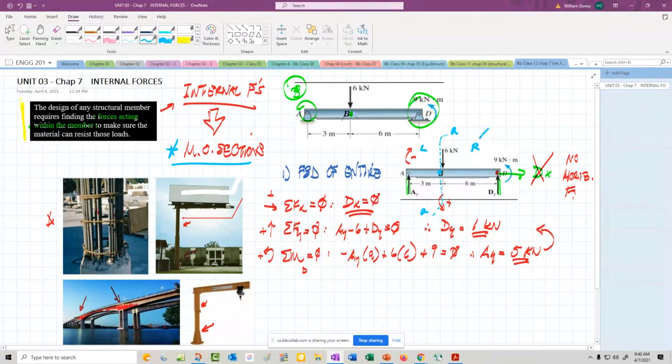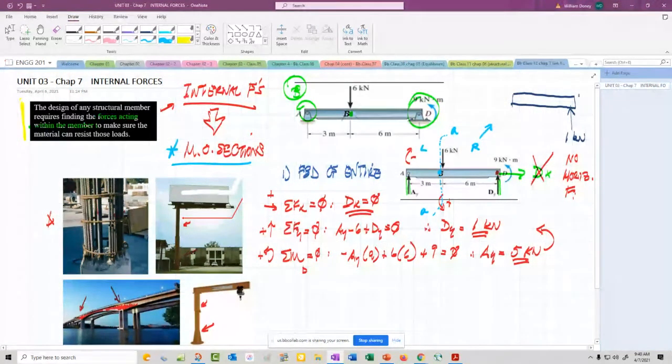I'm going to move the right section up here just because of room, and I'm going to redraw it up there. So this is just what's still on the right section. I'm going to have 1 kilonewton there. I'm going to have the 9 from the couple moment.